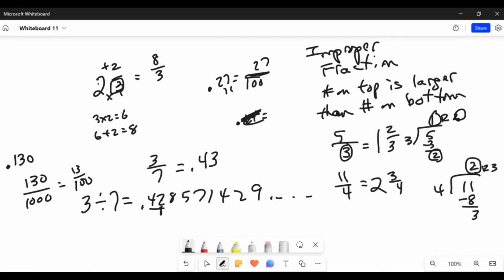Is there anybody that's still working on this that has not finished? Let's do it that way and see how many people still need a little bit more time. Okay. I'll give you a little more time.